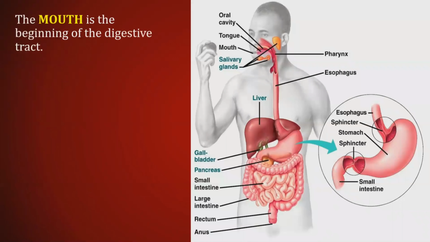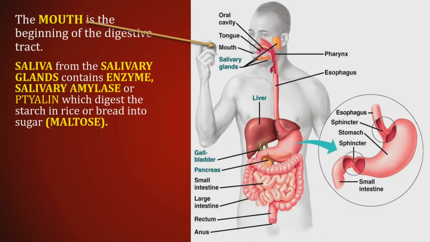It starts with the mouth, which is the beginning of the digestive system. Digestion starts here when we take the first bite of food. Chewing breaks the food into pieces that are more easily digested, while saliva mixes with food to begin the process of breaking it down into a form your body can absorb and use.